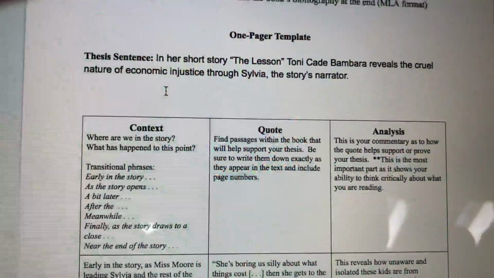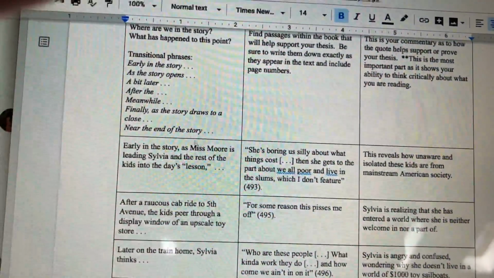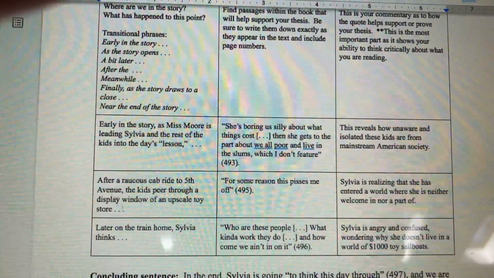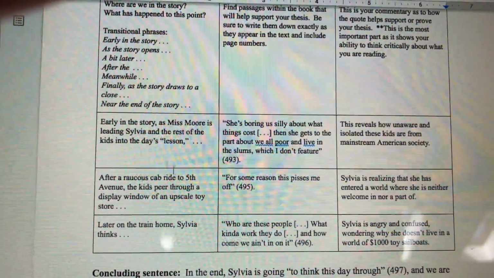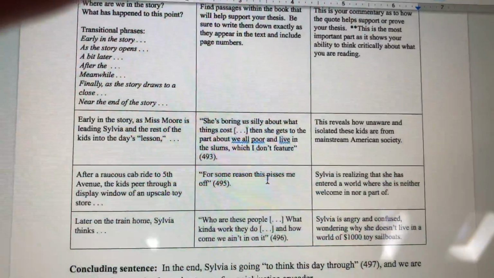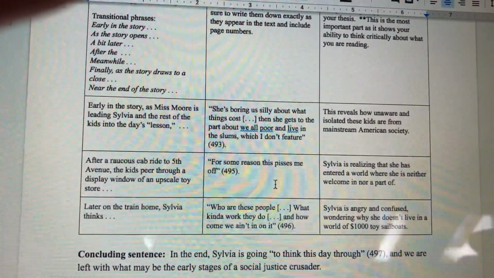All right, and then you scroll down here and you'll notice that over on the context part, I include some words about where we are in the story, what's going on as we go through. And by the way, you want to follow the story in chronological order.